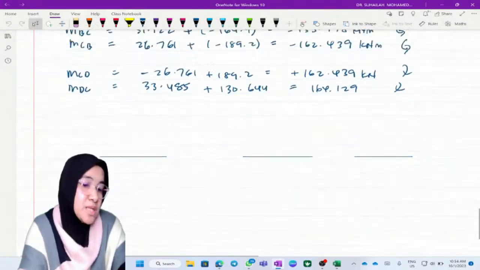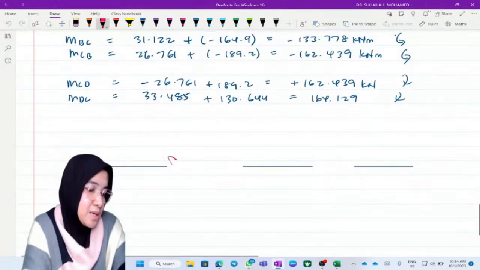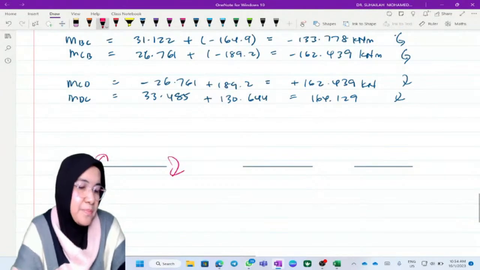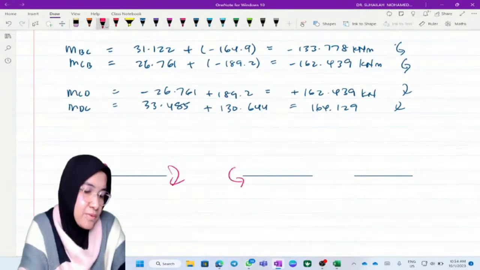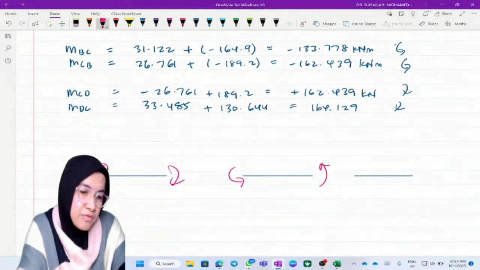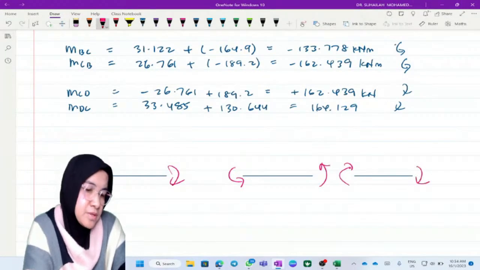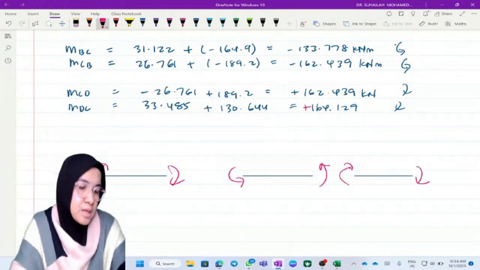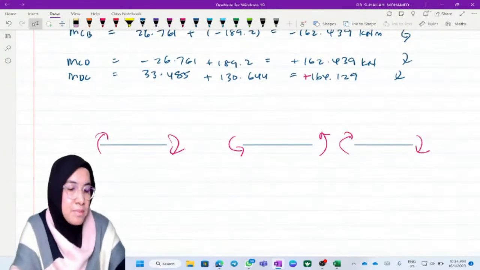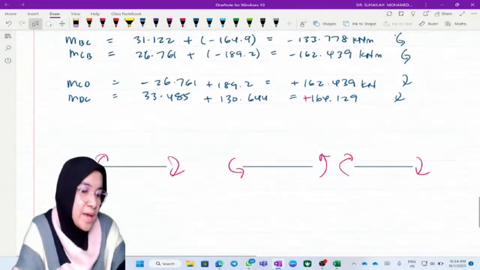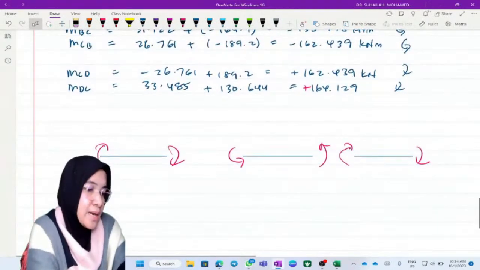Okay, it is positive, positive for AB. Negative, negative, and positive, positive for the rest. So we have to calculate.